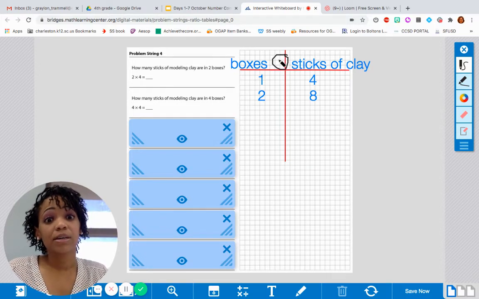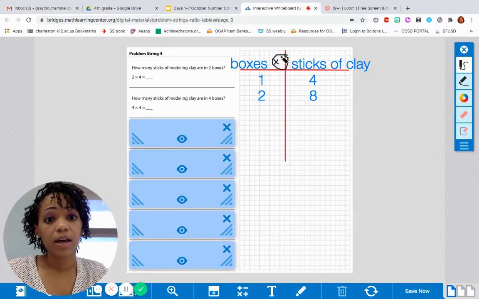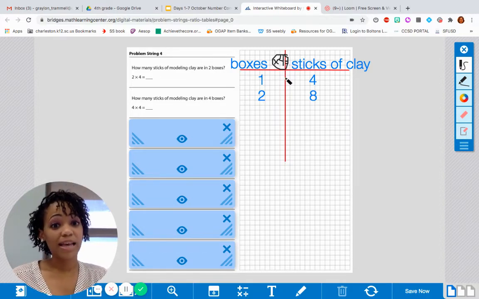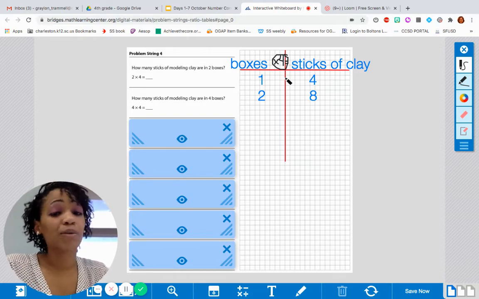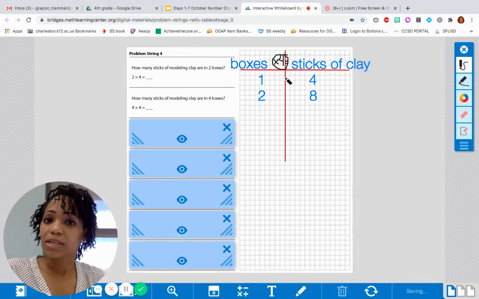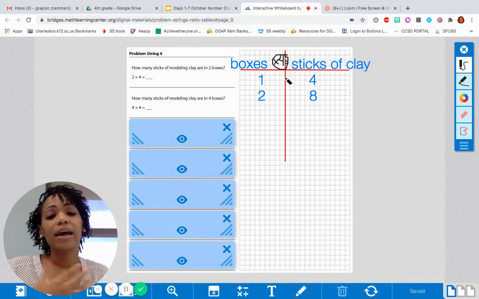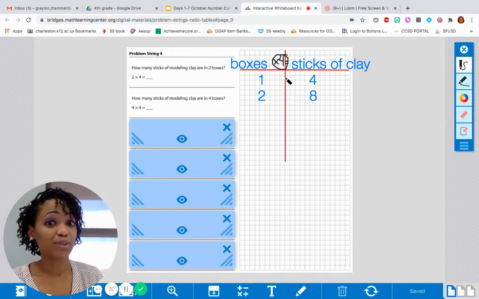Really I'm doing boxes, and I'm going to put a times symbol here, times 4, which is going to give me how many sticks of clay. So that's kind of what's happening. Now, it looked like a T-chart, but we actually call this a ratio table. And as we continue, we'll talk a little bit more about how numbers are connected in a ratio table.